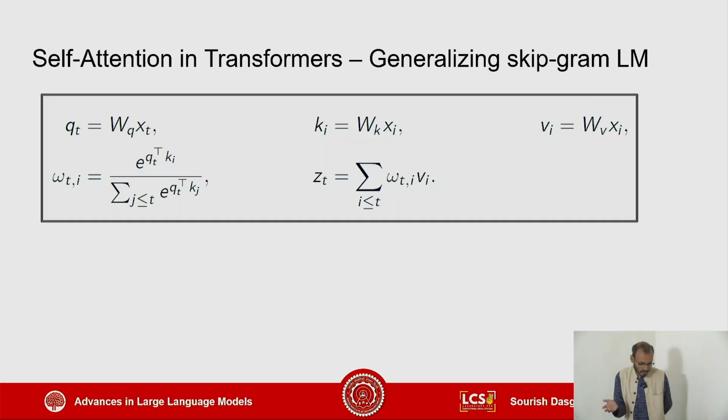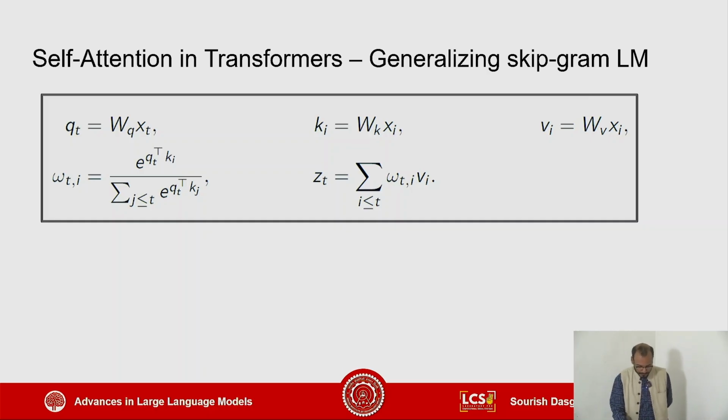So it's the softmax of the dot product between Qt and all the other neighbors, but this time you are doing the handshaking. The dot product is the handshaking over here. So you're doing the dot product or the handshaking with the neighboring keys, right?